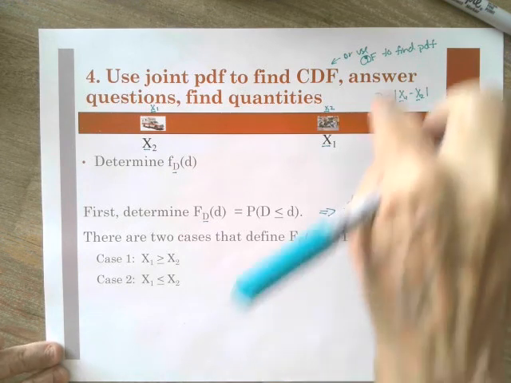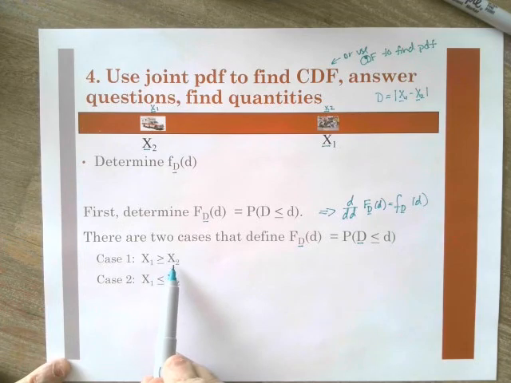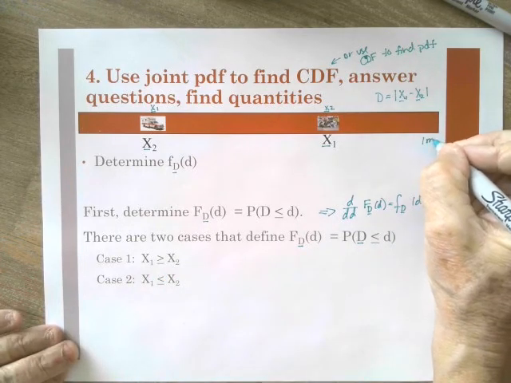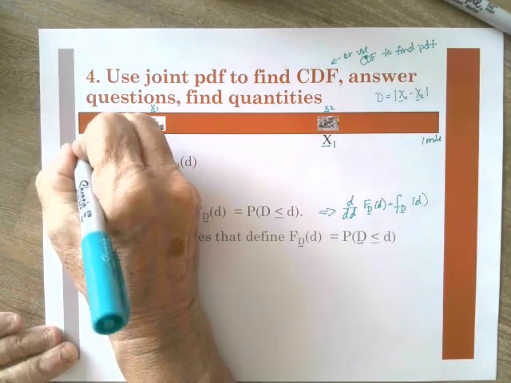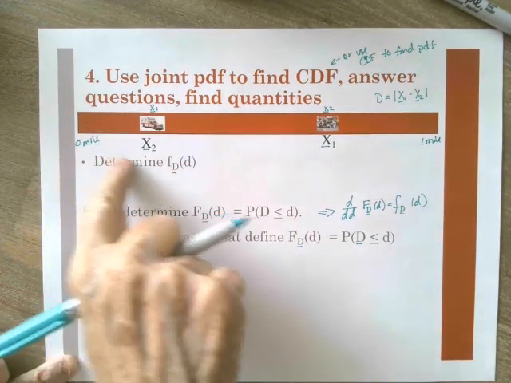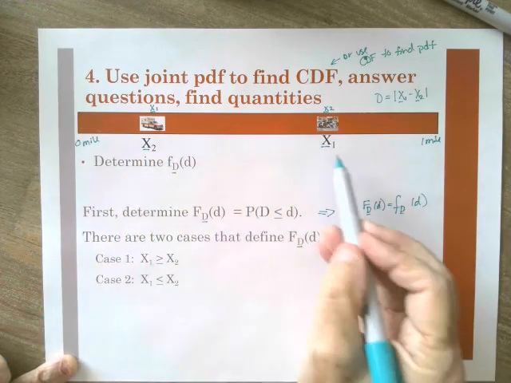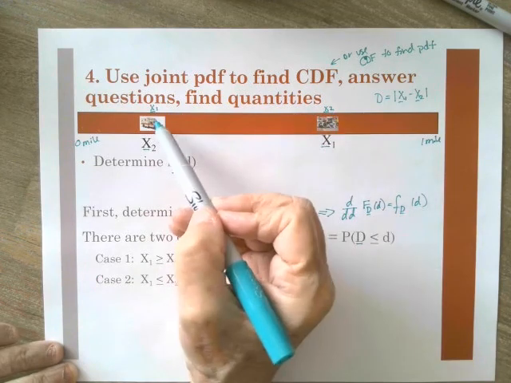And those, as I've mentioned up here, is the first case where x1 is actually larger than x2. So remember, this is 1 mile, and what I've shown here is x1 larger than x2. So if I were to map out on this mile marker where x2 and x1 are, x1 is bigger than x2, but I also could have x2 bigger than x1.